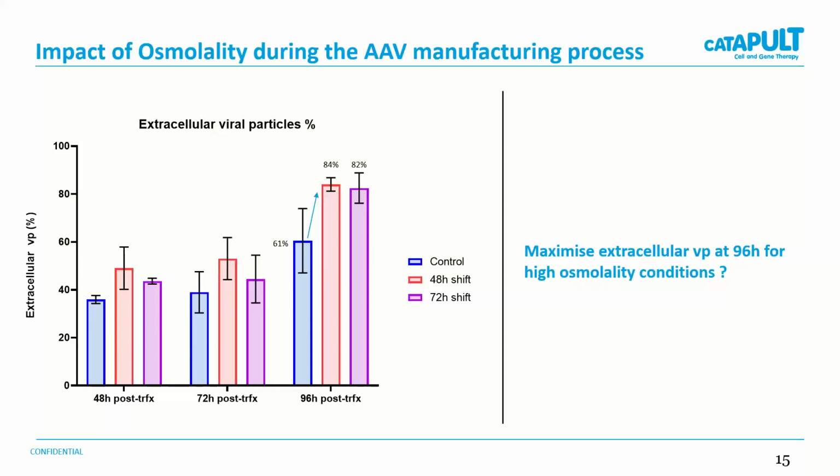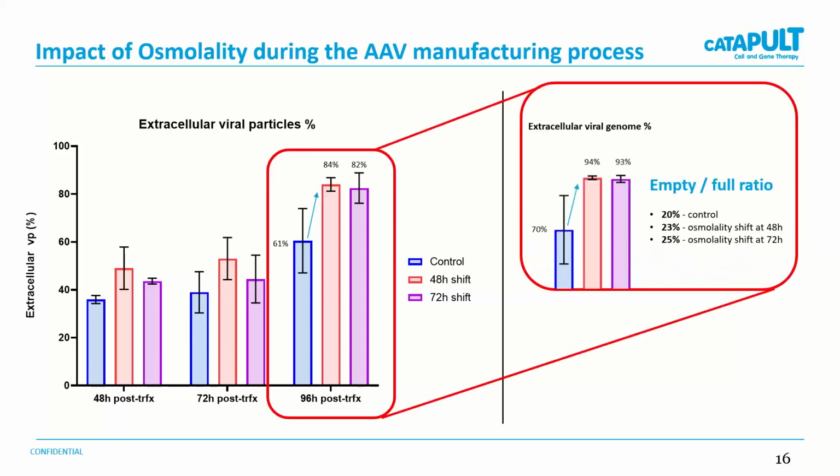But if we have a look as well at empty full ratio, what is interesting is we can see a trend for an increase in empty full ratio, having a look at empty full ratio of AAV in the supernatant. So we go to 23, 25% for condition with a shift, compared to 20% for the control condition.